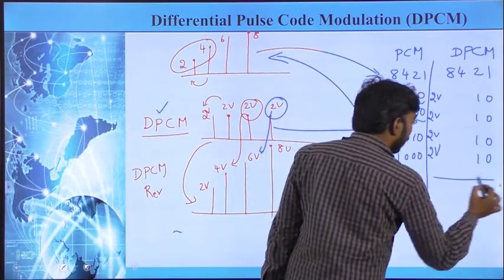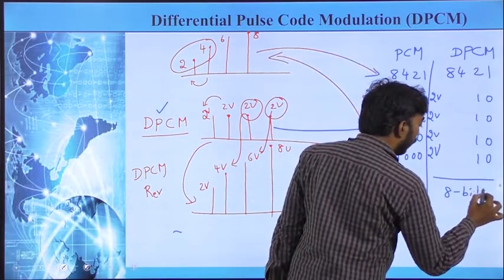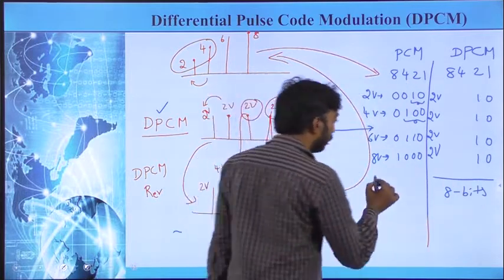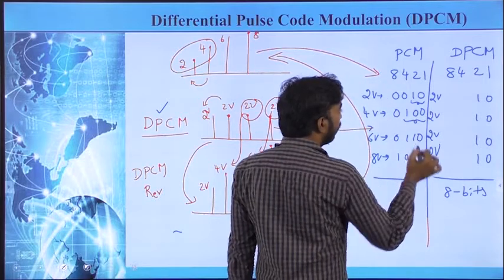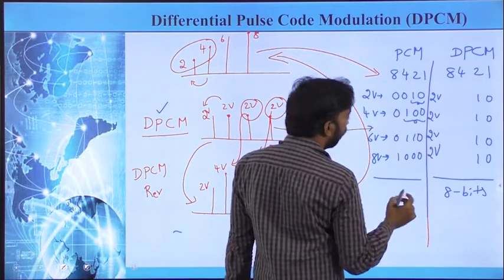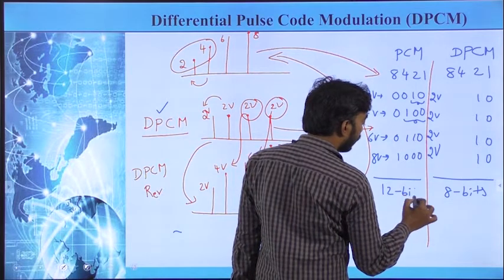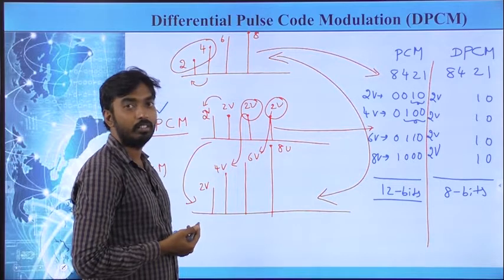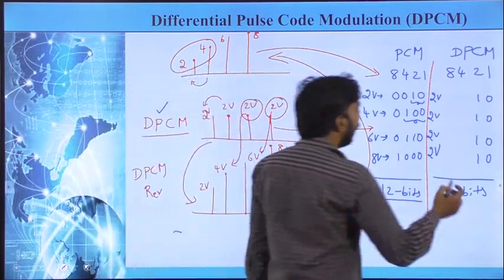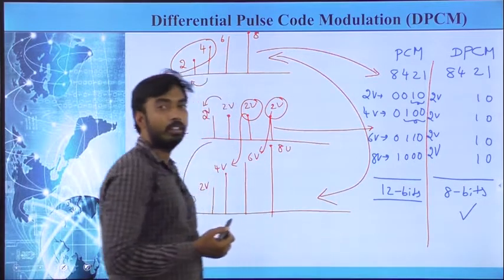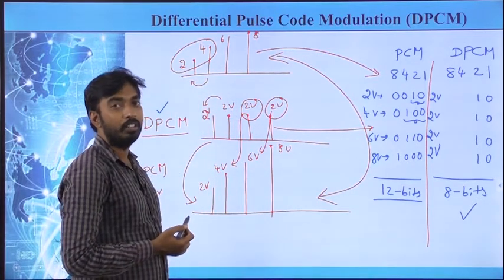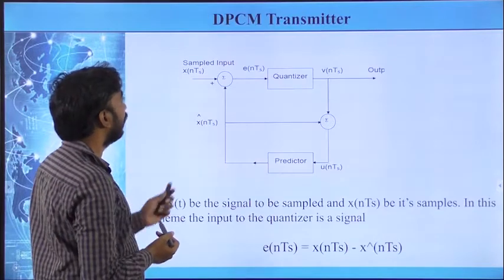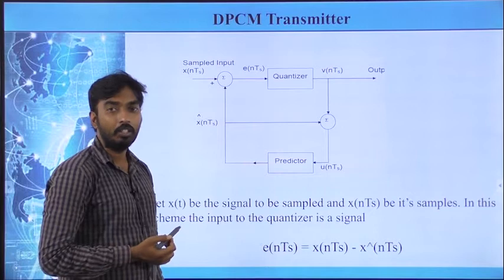So 2 bits into 4 samples, that means 8 bits I am transmitting, whereas here 4 plus 6, 10, 10 plus 2, 12 bits I am using for just 4 samples. So that's why I can reduce the number of bits by using DPCM modulation, right? We'll see how a DPCM transmitter operates.